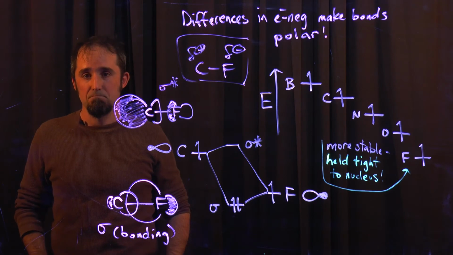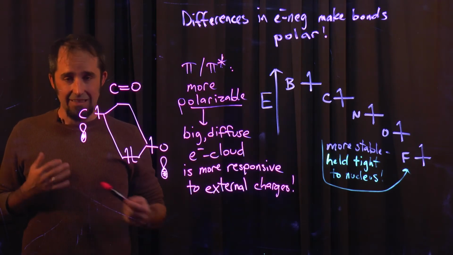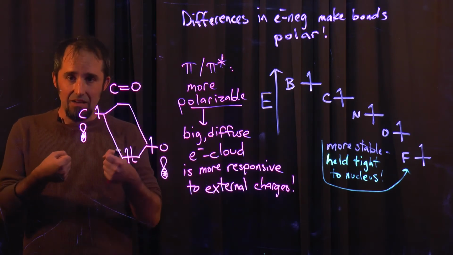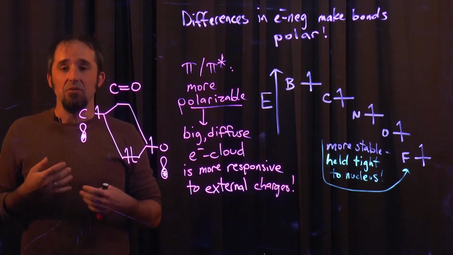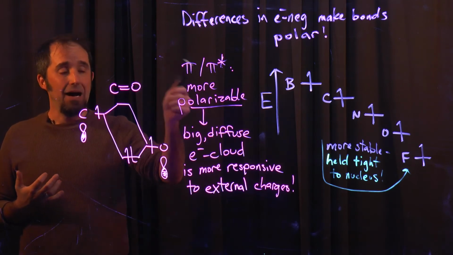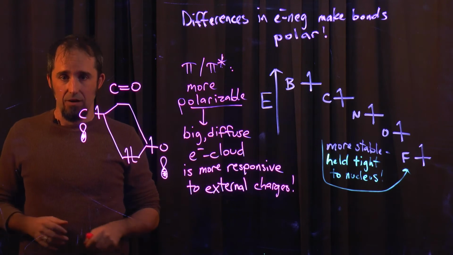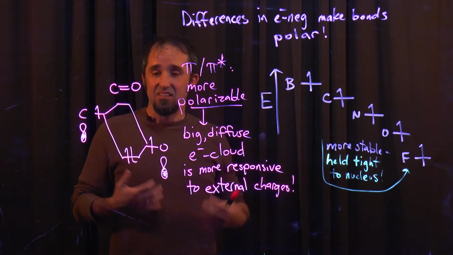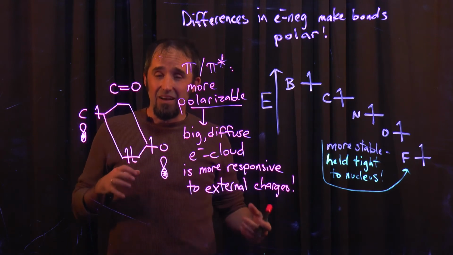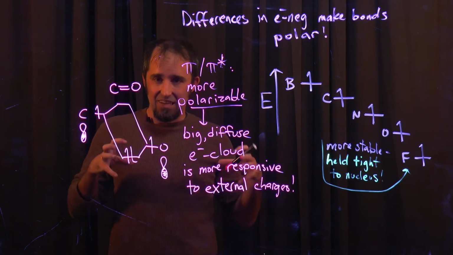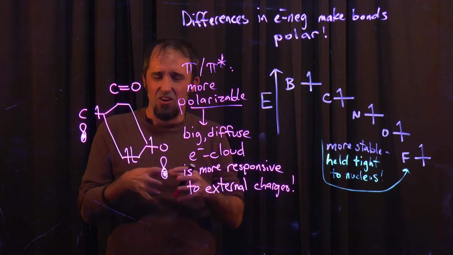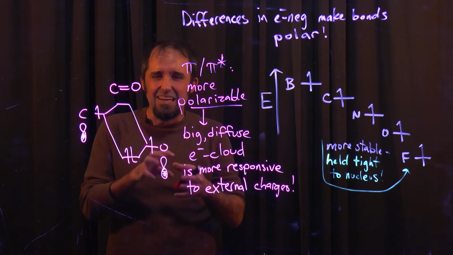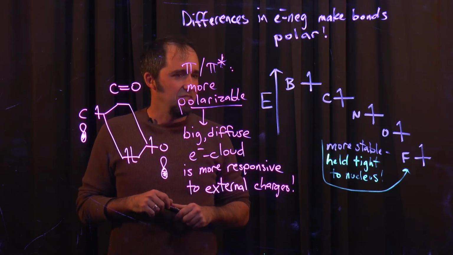Differences in electronegativity between bonded atoms actually make even more of a difference in pi bonds than they do in sigma bonds. So let's go back. Think about fluorine for a second. As I said, it's very electronegative, but it's also not very polarizable. It's this little ball of solid charge, a thick candy shell of charge, as it were.